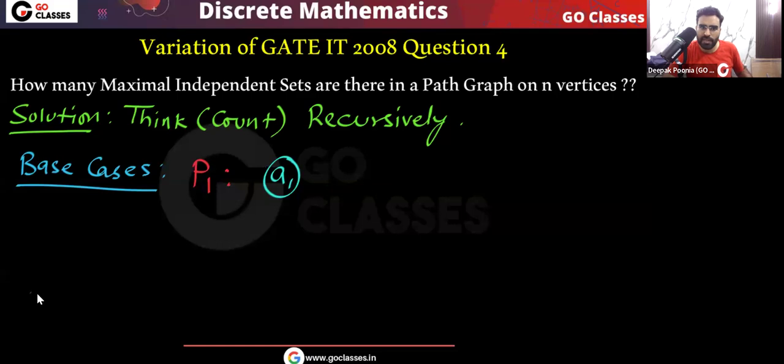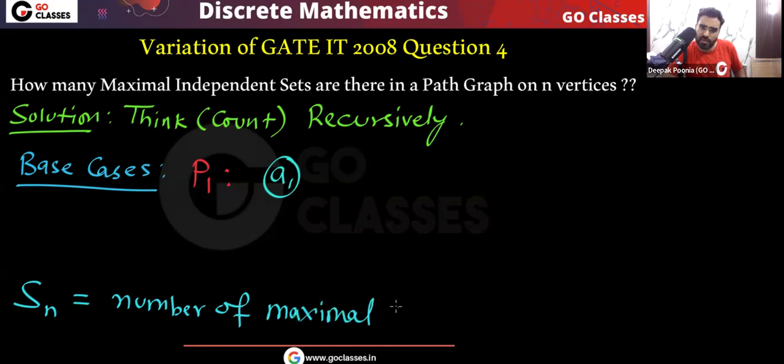Let's assume Sn is the number of maximal independent sets in Pn.